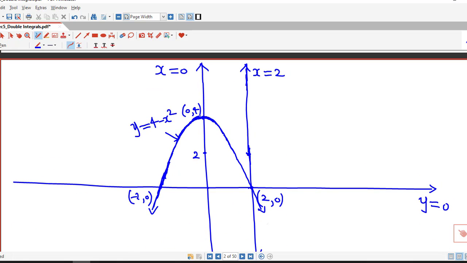So we are interested in the portion which is between x equal to 0 and x equal to 2, and between y equal to 0 and y equal to 4 minus x square. So our region of integration is the region bounded by all these curves. So this is the region of integration.